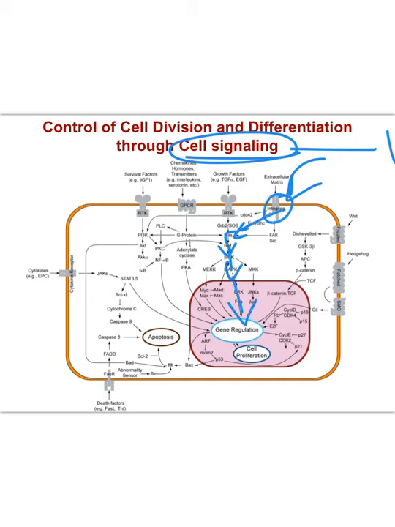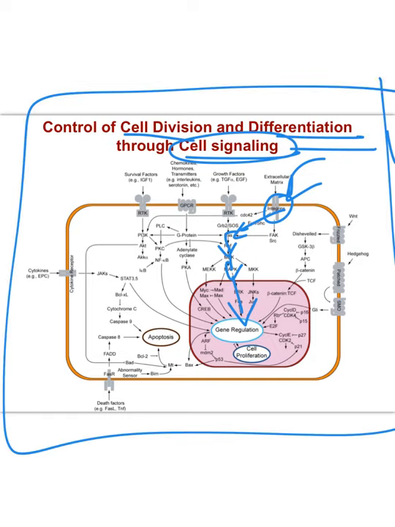At some point, it affects gene regulation to turn something on, turn something off. So if we want to control division and differentiation, crazy stuff like this, which we're never going to memorize, super complicated, always a bunch of steps from the binding all the way down to actually turning genes on, turning genes off.